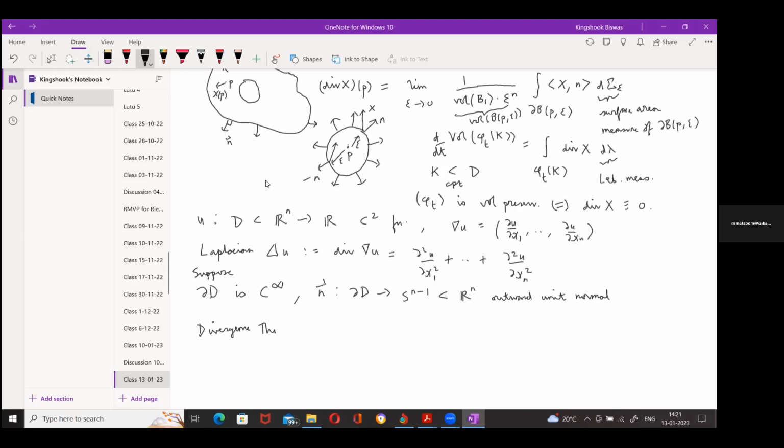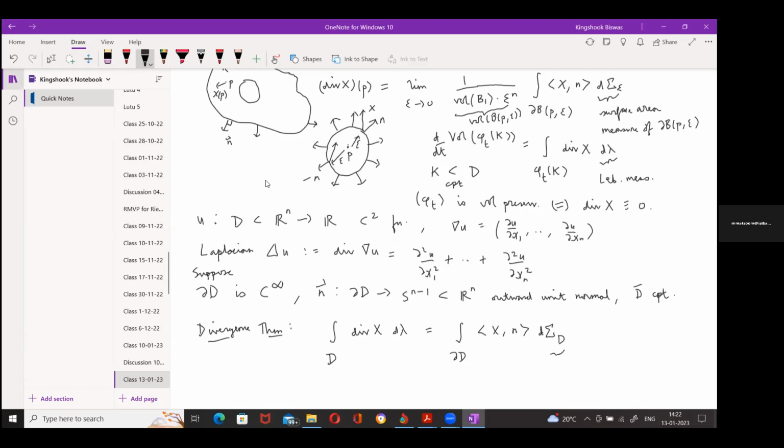is that the integral of the divergence with respect to Lebesgue measure over the domain D, suppose the closure of D is compact, so D is a bounded domain with smooth boundary, is equal to the integral over the boundary of the domain of X inner product the outward unit normal, with respect to the surface area measure of the boundary.